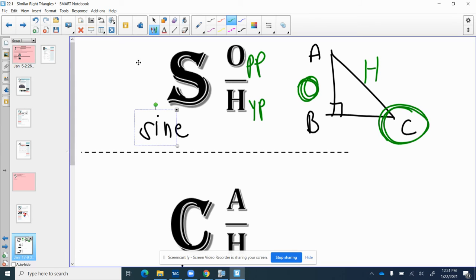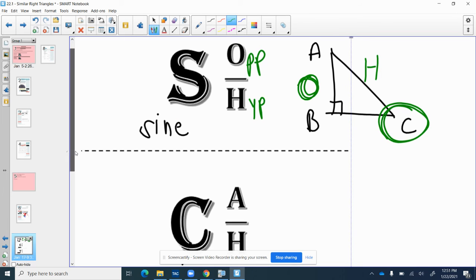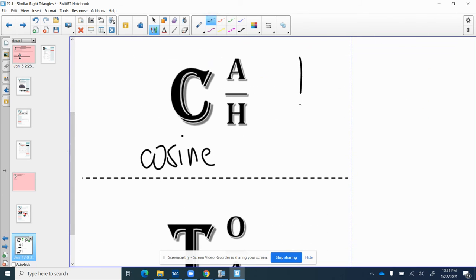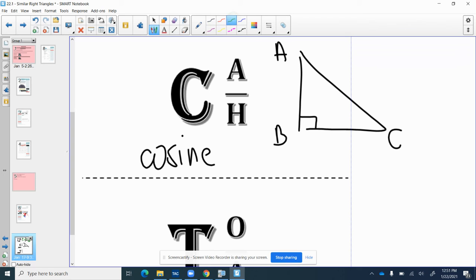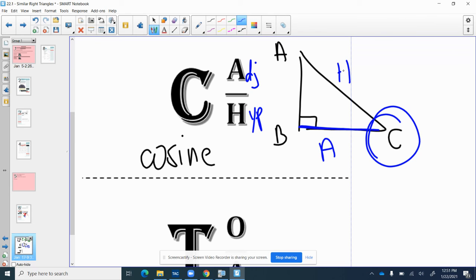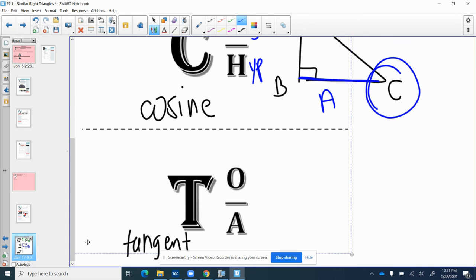For cosine, if we use the same right triangle, if we called this A, B, C, and again, we were representing angle C as our reference point, we would want the adjacent side and the hypotenuse. And then for tangent, it's going to involve our opposite side and our adjacent side.